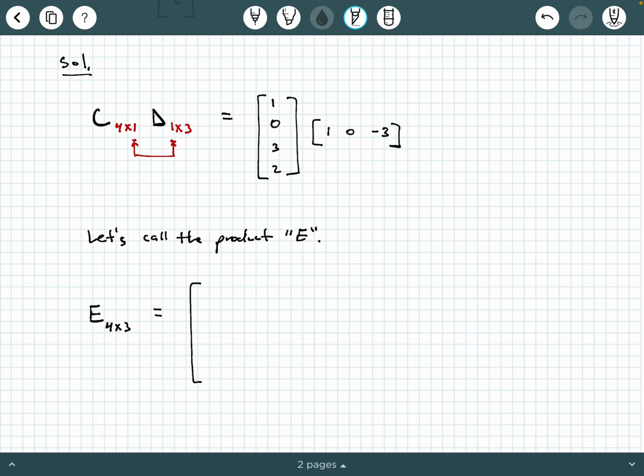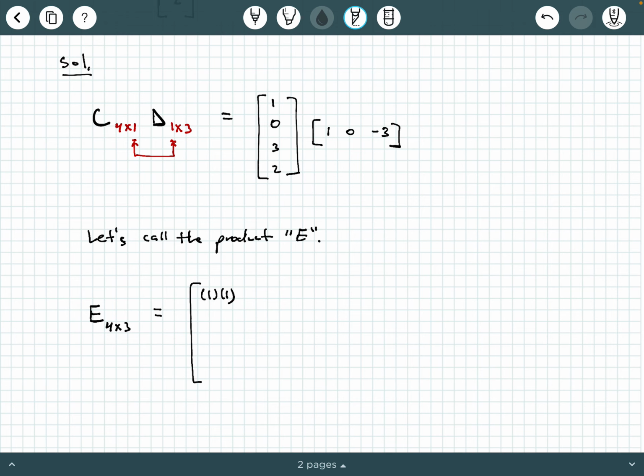In the 1, 1 entry, we're going to say row 1 of the left matrix by column 1 of the right matrix. So that's 1 times 1. That's it. There are no other entries in row 1 of C, and there are no other entries in column 1 of D. So it's just 1 by 1. That's the 1, 1 entry of our product.